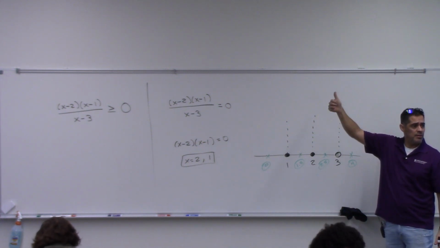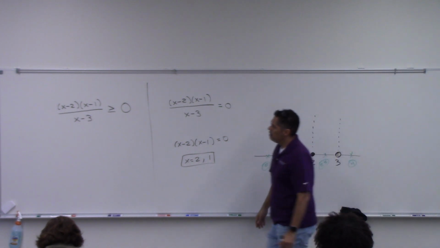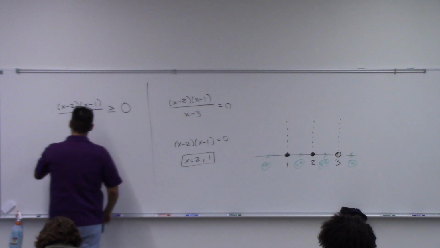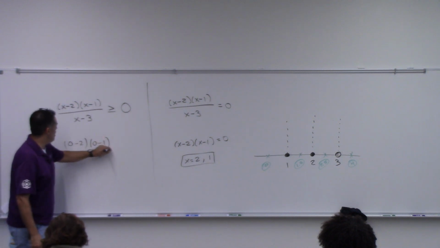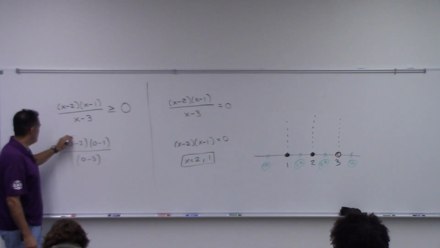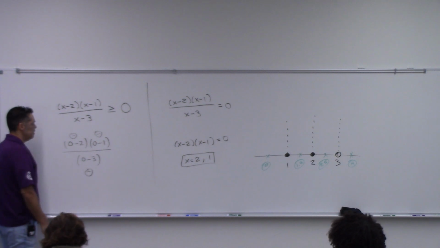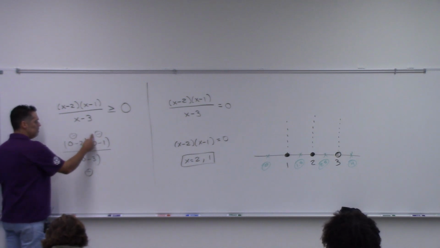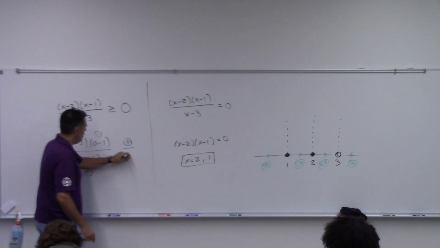True or false. So let's plug in 0. What happens if I plug 0 into this? I get 0 take away 2 times 0 take away 1 over 0 take away 3. This is a negative number, this is a negative number, this is a negative number. Two negatives are positive, so I have a positive number over a negative number.